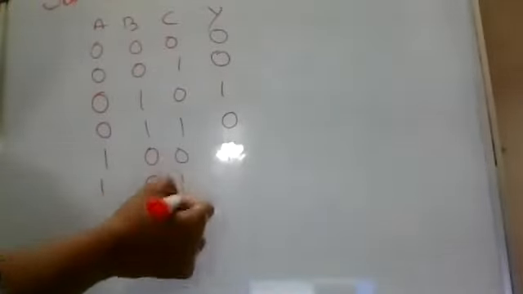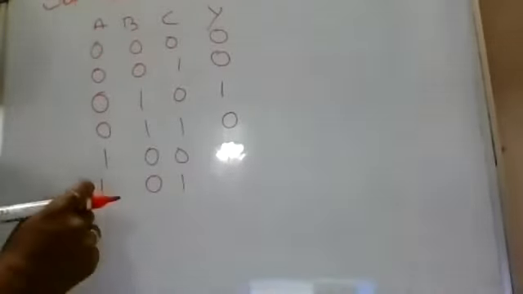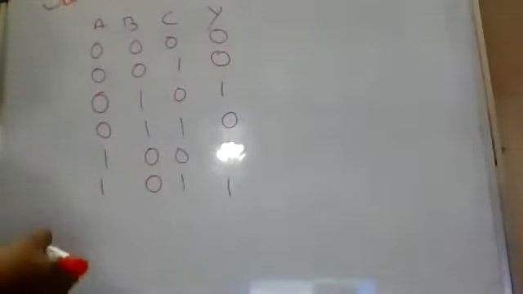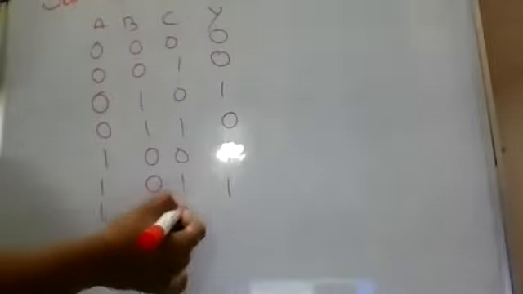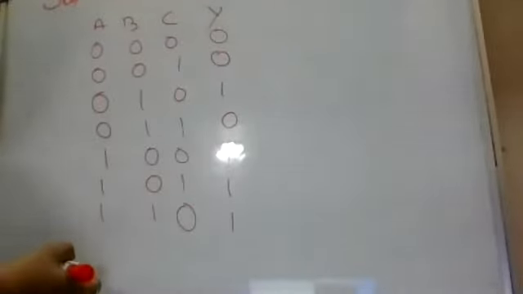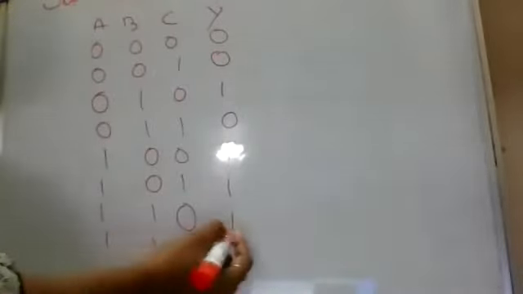Next 1, 0, 1 means A is in high condition, B is in low condition, and C is in high condition. In this also we get output 1. And 1, 1, 0 means A and B in high condition, C is in low condition. We get output 1. Last one, all variables in high condition.